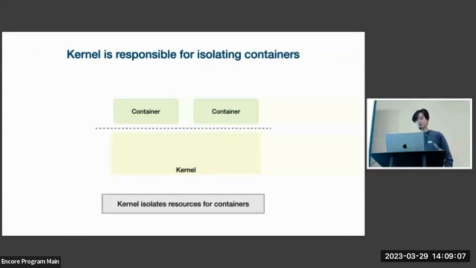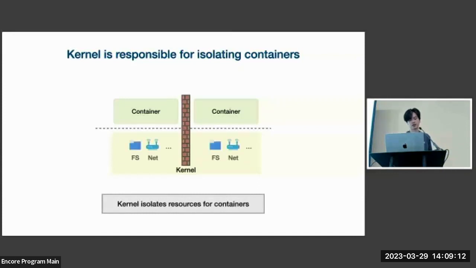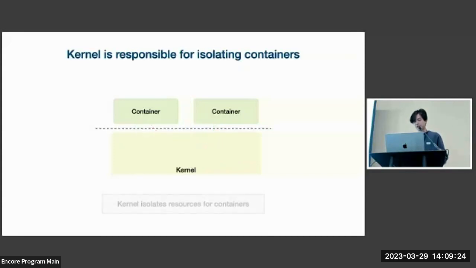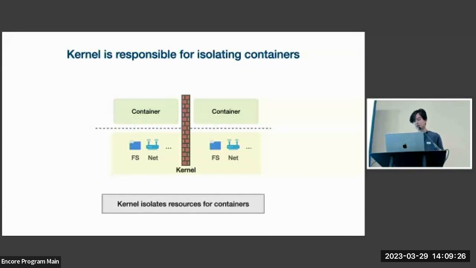Specifically, the resources of different containers are isolated by the kernel. The kernel puts a wall between containers, making sure that a container can access the resources that belong to itself, such as files or network stack, and cannot access the resources across the wall in other containers, unless through some secure channels.